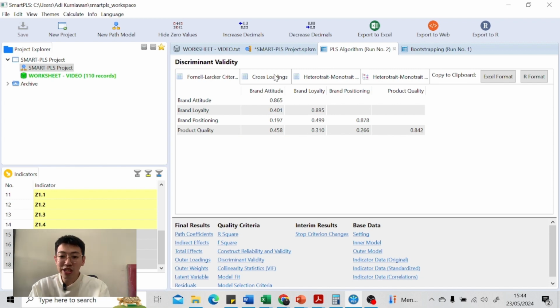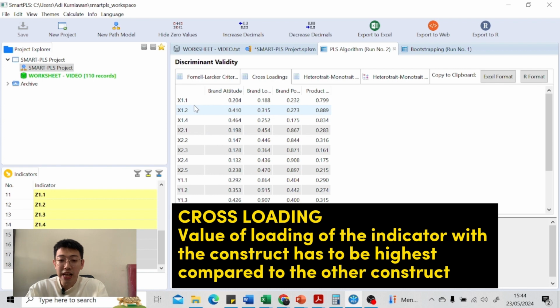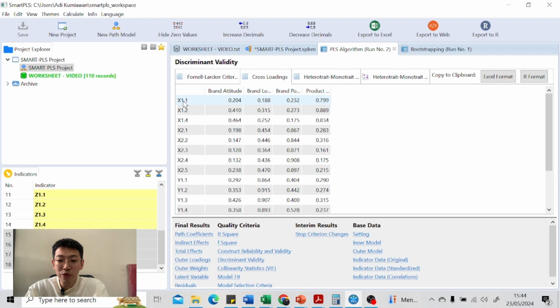You can also check using cross-loading. The benchmark is that the value of the loading of the indicator with the construct should be the highest compared to the other construct or the other variable. For example, x1.1 is product quality, so the value of the loading of x1.1, x1.2, x1.4 on product quality should be the highest compared to the other indicators.